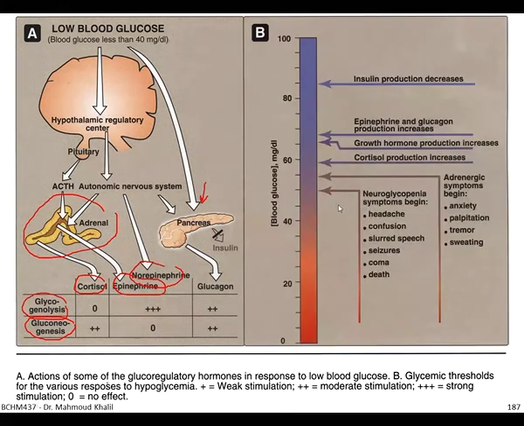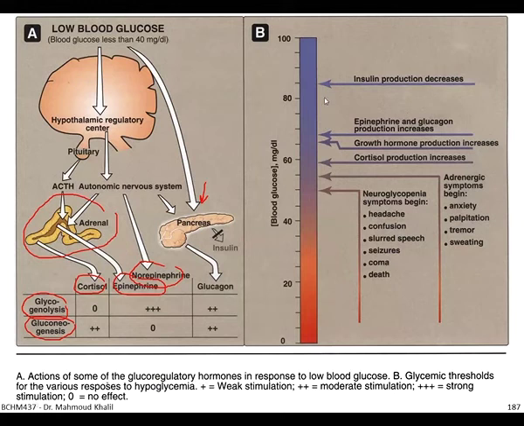You can see as well here the critical values for the different concentrations of blood glucose levels. Let's talk initially from the beginning. When blood glucose reaches around this concentration, you can see that the insulin production has been decreased.